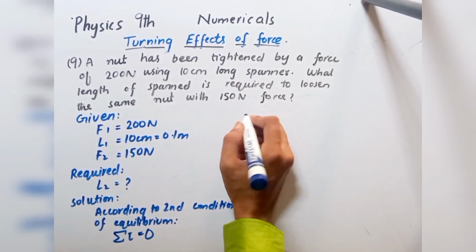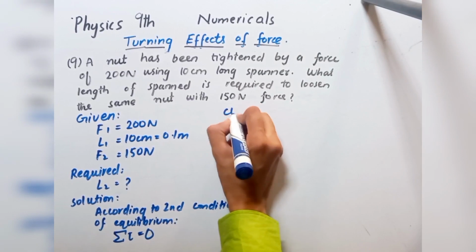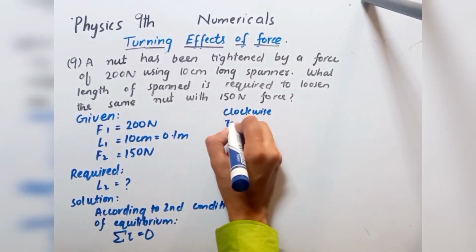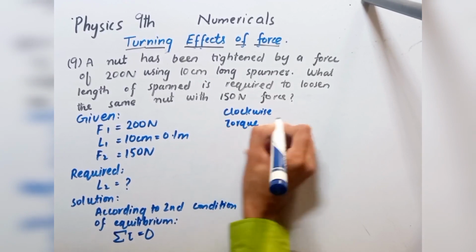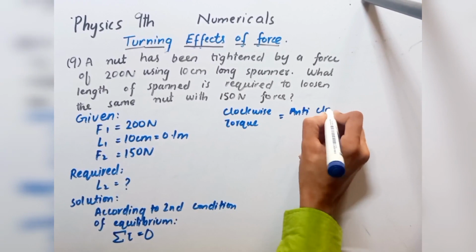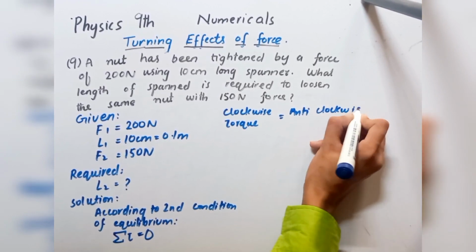As we know that torque is equal to force multiplied by length, so clockwise torque will be F1 multiplied by L1 and anti-clockwise torque will be equal to F2 multiplied by L2.